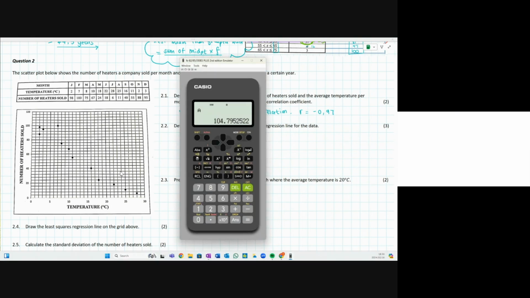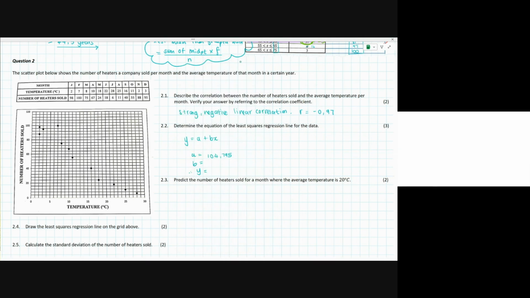And then we get B, so again, shift 1, regression, option 2 for B, push equals, make sure you push equals, negative 3,819. And so now Y is equal to A, 104,80 minus 3,82x. And we have our least squares regression line equation.